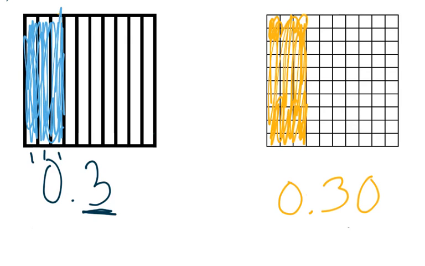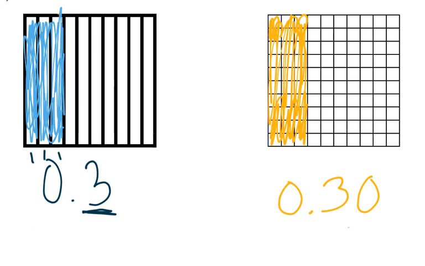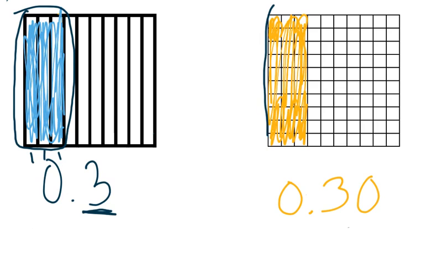Now, I want you to look at these and tell me what they have in common. So if these are 3/10 and 30 hundredths colored in, what do they have in common? How are they alike? Right? What I want you to notice is that 3/10 is 3 bars up and down, and 30 hundredths is 3 full bars up and down.